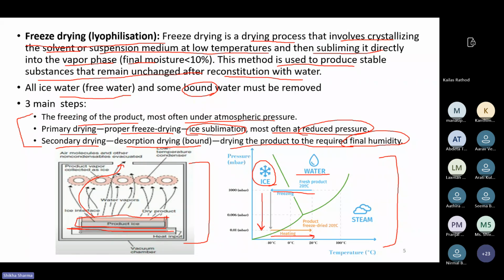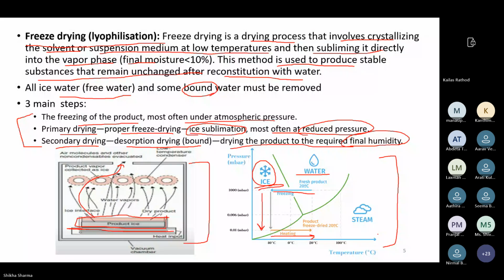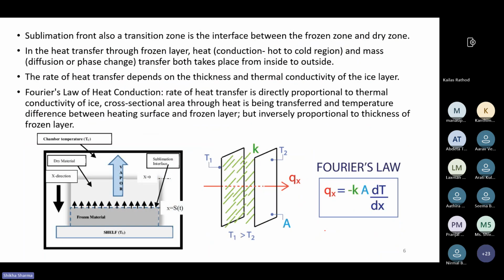Due to the vacuum, and then mild heating, water is removed, and ice converts directly to steam. So sublimation happens. This is our freeze drying process.